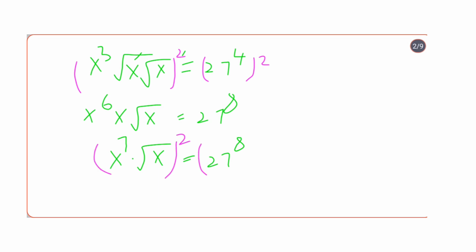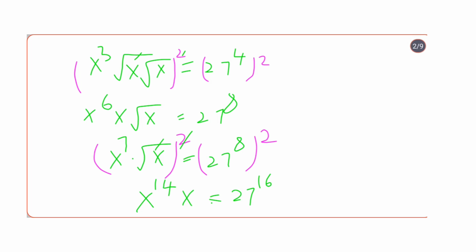We can get it as x power 14, and this square root and this square will be cancelled out. x power 14 into x is equal to 27 power 16.